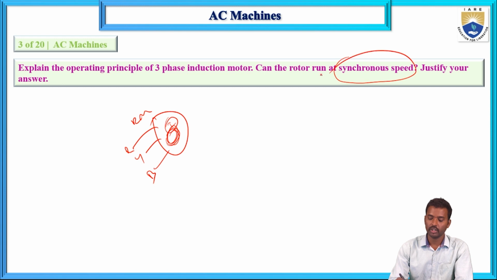No, it cannot run at synchronous speed. Ns equals 120 f by P. Justify your answer.